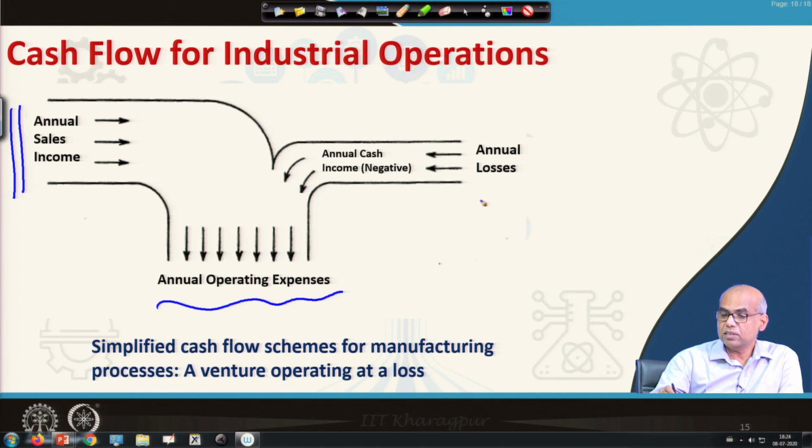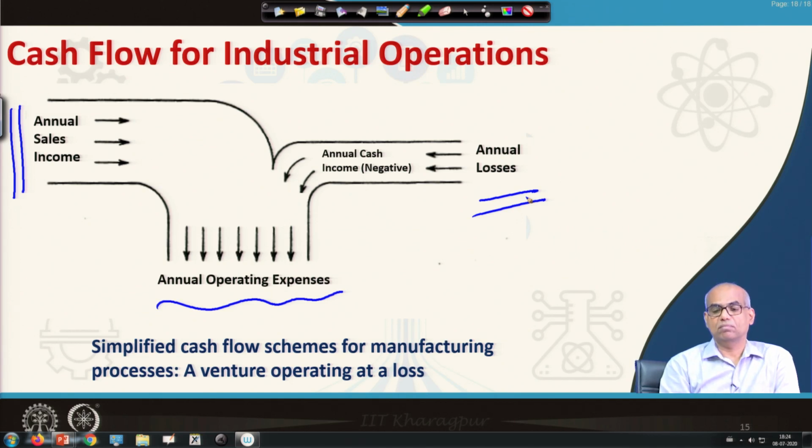So, instead of profit here, you have annual losses, which is actually a negative cash flow, and there is no income. You notice there is no income tax because you do not have income, you have losses. So, this is a simplified cash flow scheme for a manufacturing process which is operating at a loss.